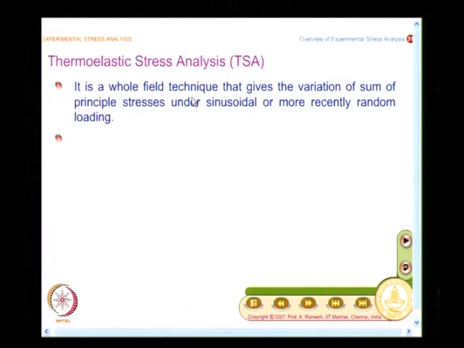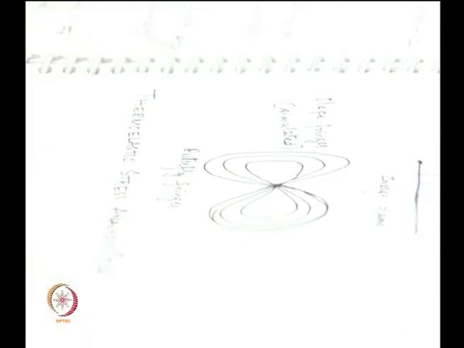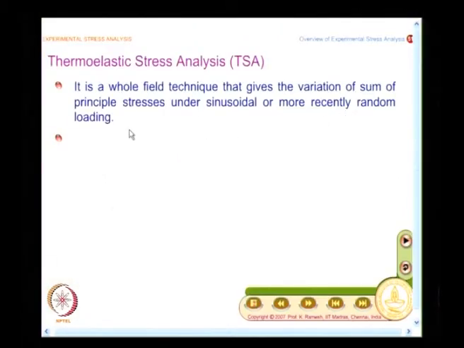It gives the variation of the sum of principal stresses under sinusoidal or more recently random loading. Because if you look at the history, initially it was developed for sinusoidal loading. Once the technique has matured, people have found methodology to extract data even for random loading situations.